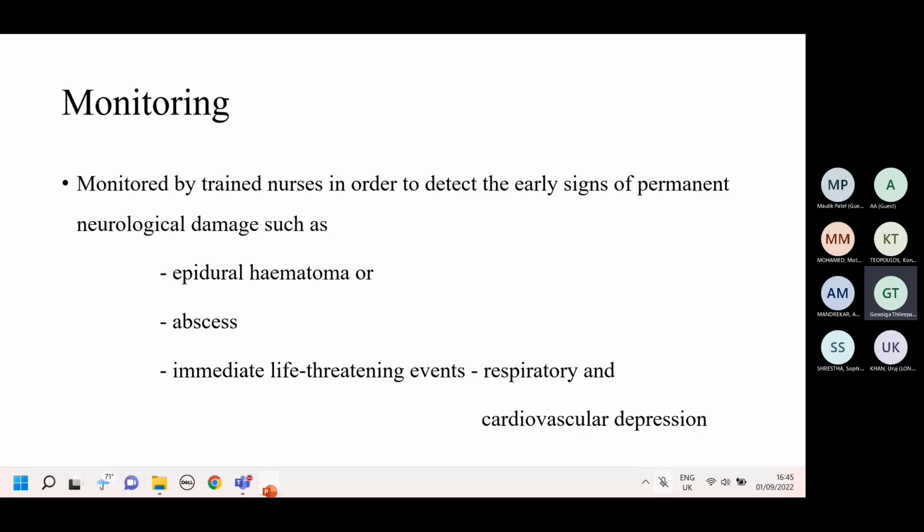So epidural hematoma, as you sometimes would have heard about it, abscess, and immediate life-threatening events such as respiratory or cardiovascular depression because of complications or catheter migration into the subarachnoid space. So it can drop the blood pressure and the patient can go into cardiac arrest as well. So you should be aware about these complications, and then the usual commonly occurring ones the patient may have. So next slide, please.